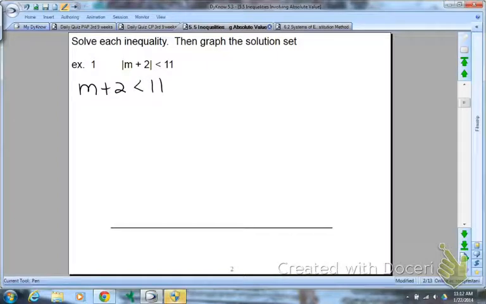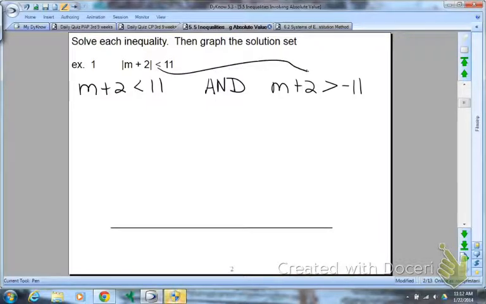The only difference is we are going to use the word and. Take it out of the absolute value, and when we go to put it to the negative 11, we have to flip the symbol. We flip it to negative 11. Don't forget to do that.